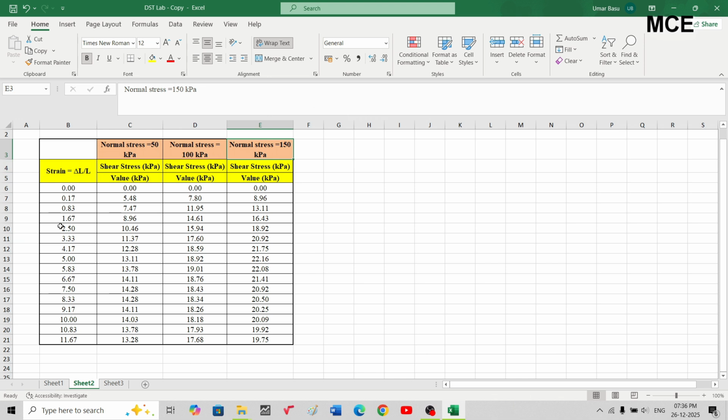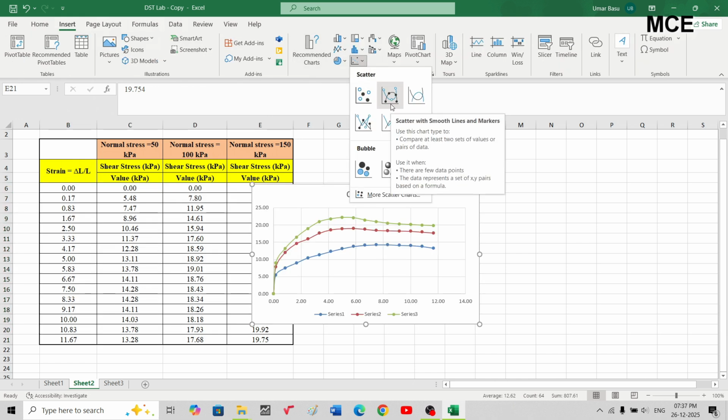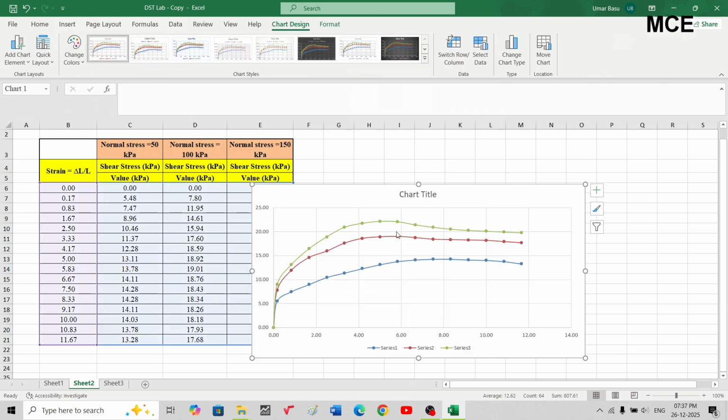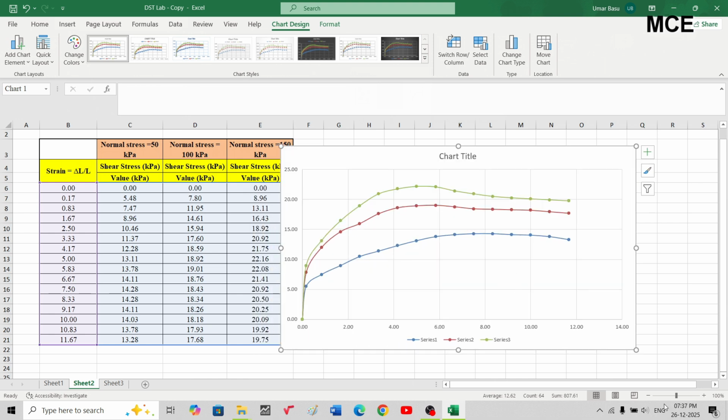So let's now draw the shear strain versus shear stress graph. Select these values, then go to Insert and click Chart, and select scatter with smooth lines and markers. Select this, and increase the size of the chart to make it more clearly visible.